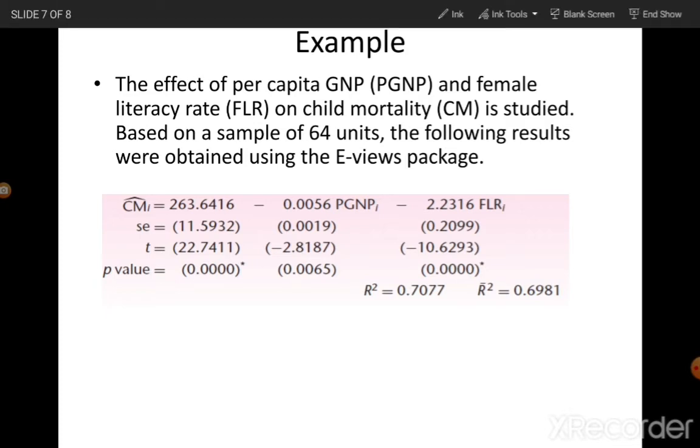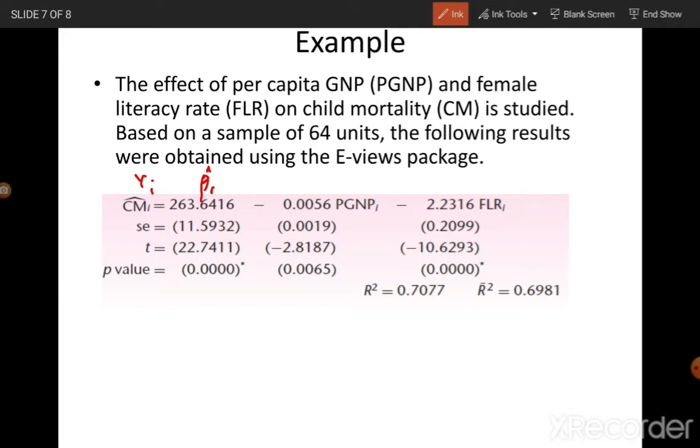Once again, our y variable is child mortality. 263.6416 is the OLS estimator for the intercept, beta 1 hat.